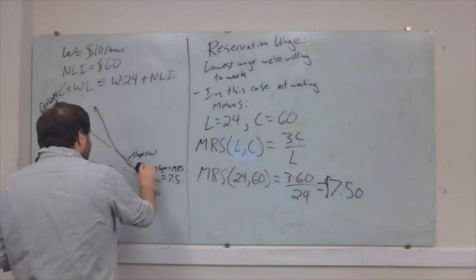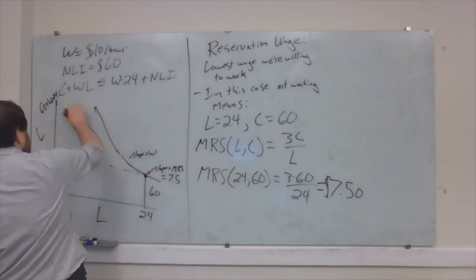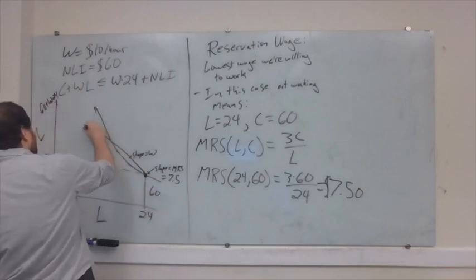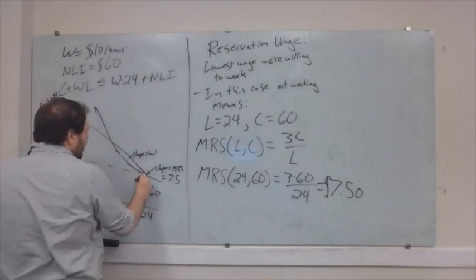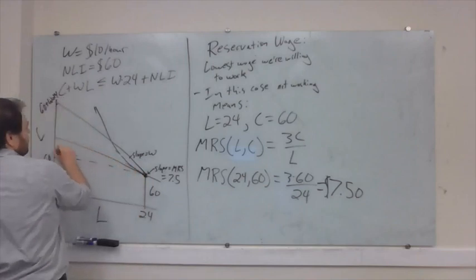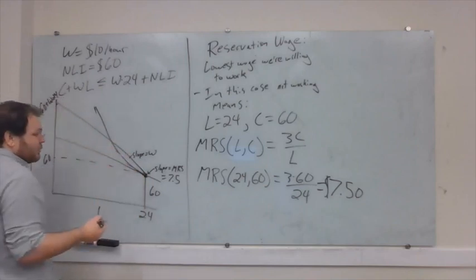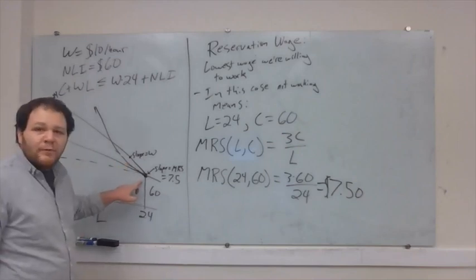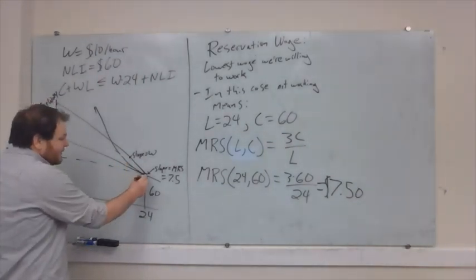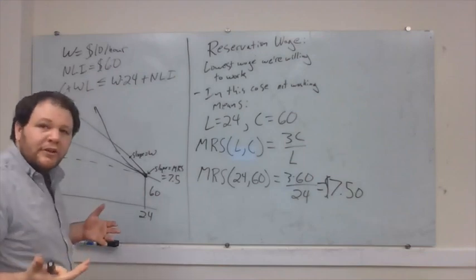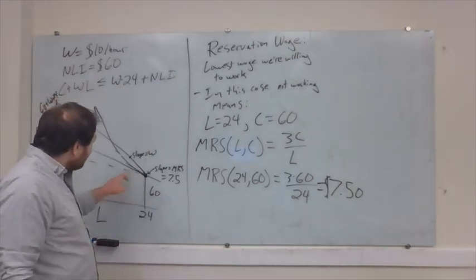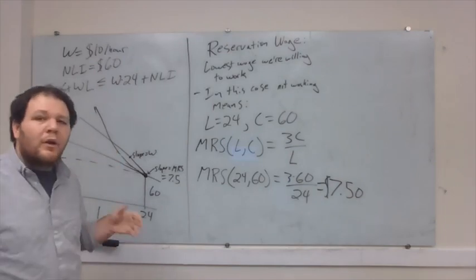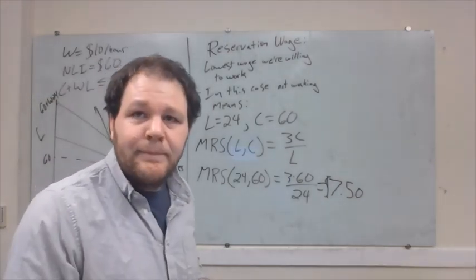Whether we work or not is going to depend on whether we're offered a wage higher than 7.5, like $10 an hour, or a wage lower than 7.5. If we're offered a wage higher than 7.5, there's going to be some interior solution that's better than staying out of the workforce. If we're offered a wage lower than 7.5, there is no interior solution. Every possibility where we work is going to put us on a lower indifference curve than the one where we don't work at all. Okay, great.